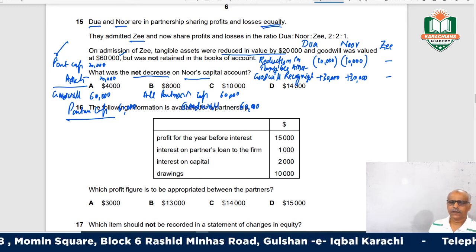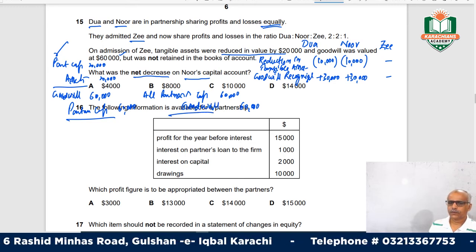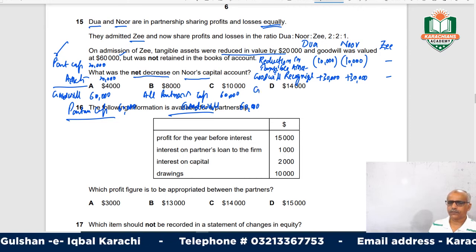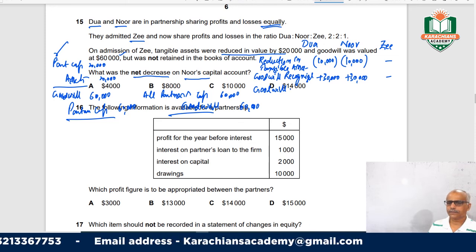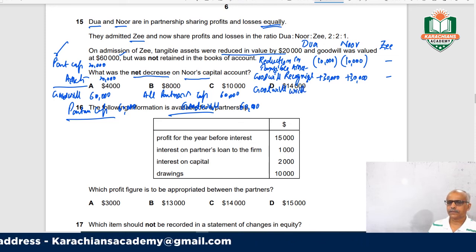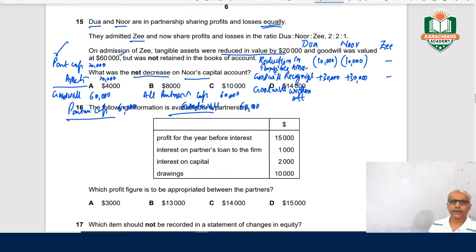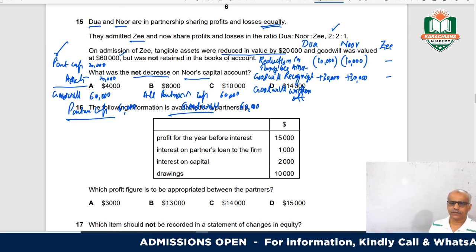This will be the write-off of the goodwill. So goodwill written off, this will be in this ratio: 2/5, 2/5 and 1/5. So no issue.